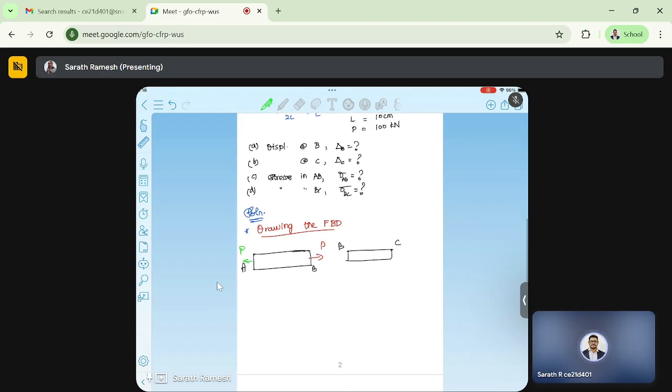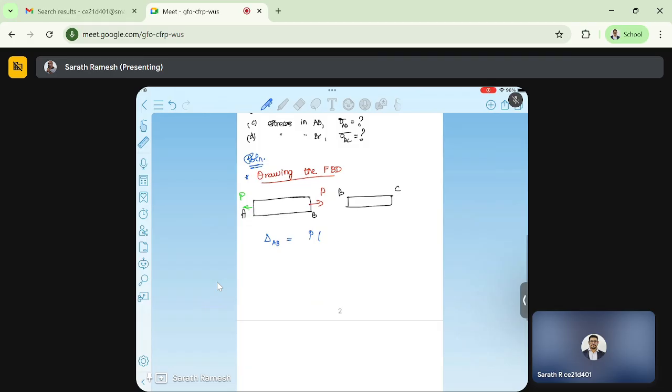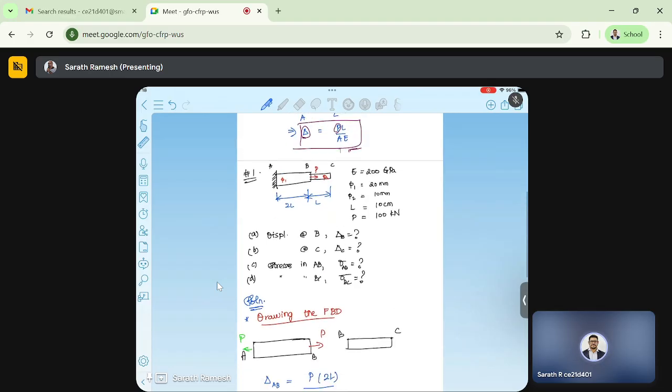So what is the deformation in the bar AB? AB is undergoing elongation. So I can write delta AB is the elongation in AB. It is nothing but P times the length, which is 2L, divided by the area. Area we need to find, by the way.